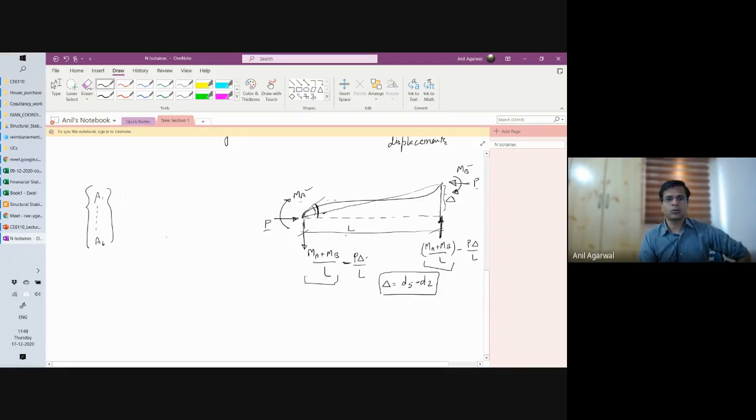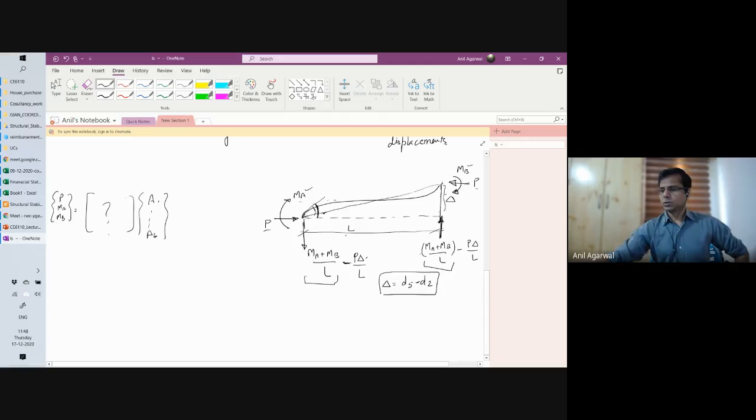So what do we want to do? What we were trying to do here, we need to relate P, MA, MB as a function of some kind of a relation matrix, A1 to A6. That's what we want to do now.